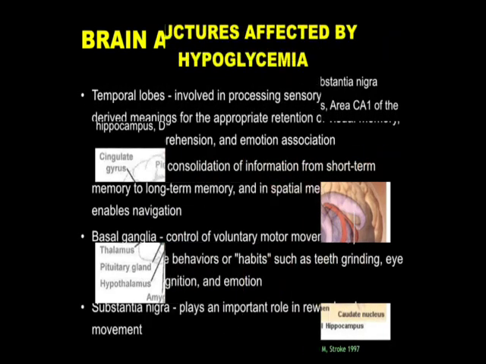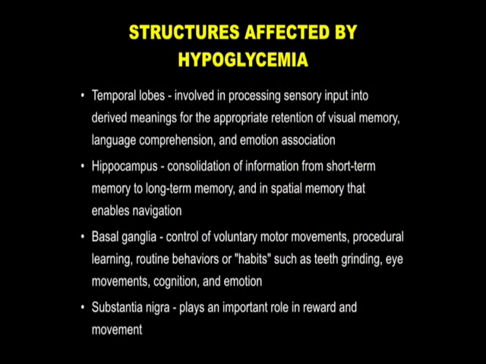As a reminder, temporal lobes are involved in the processing of sensory input into meaning, and the hippocampus is required for consolidation of memory from short-term to long-term. The basal ganglia controls voluntary motor movements and procedural learning, and substantia nigra is important in reward and movement.